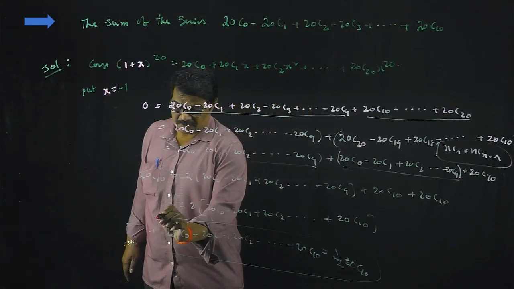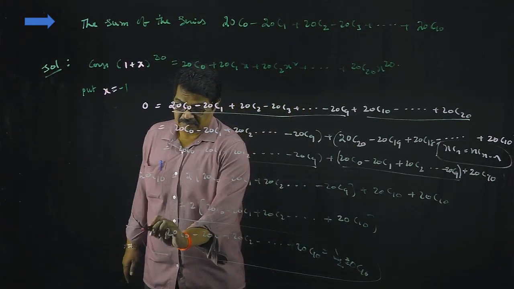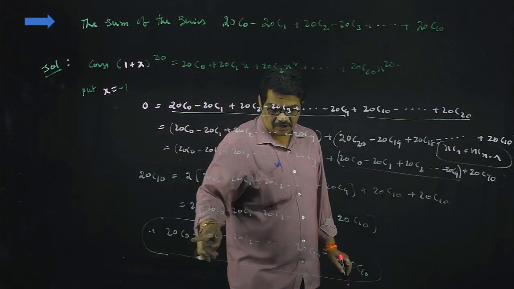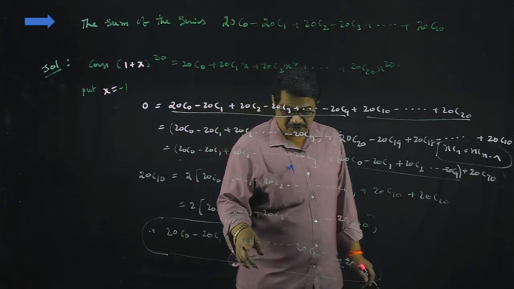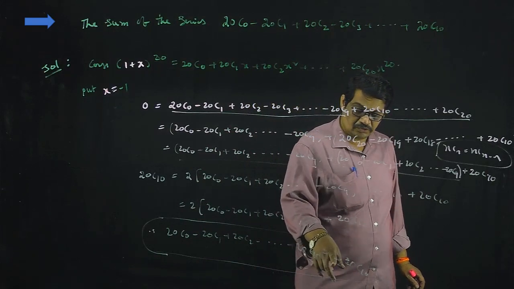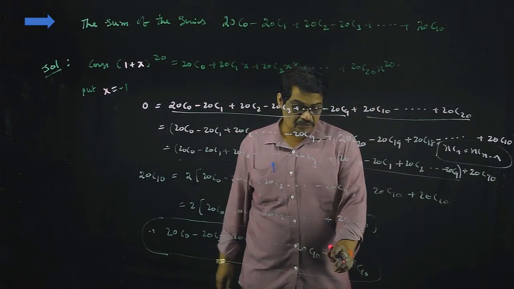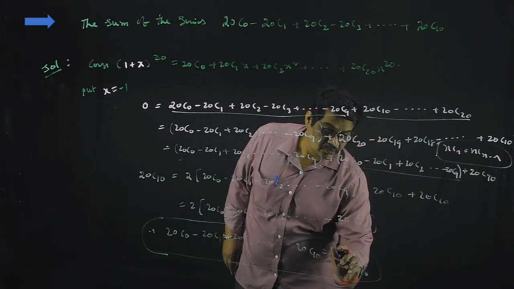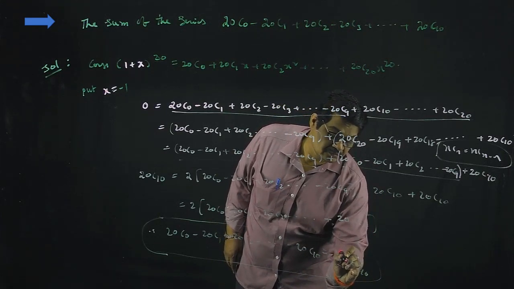This is the sum of the series. So 20C0 minus 20C1 plus 20C2 and so on up to 20C10 is equal to 1 by 2 into 20C10. Okay.